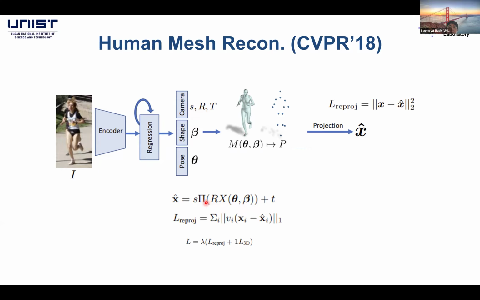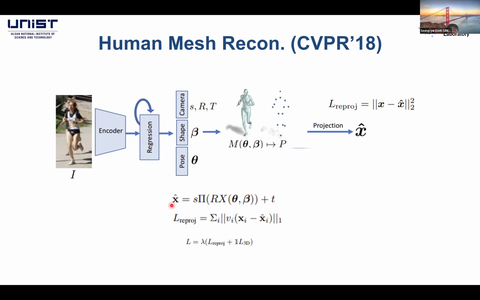And this pi is again representing the 2D projection, okay? And then we multiply by the scale to the obtained 2D skeletons, and we add a translation vector to that to make properly scaled 2D skeletons that are comparable to the ground truth 2D skeletons.